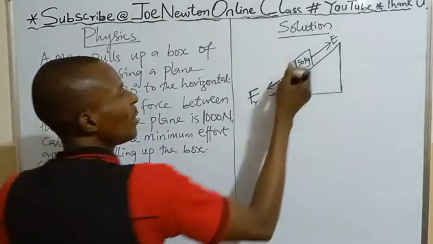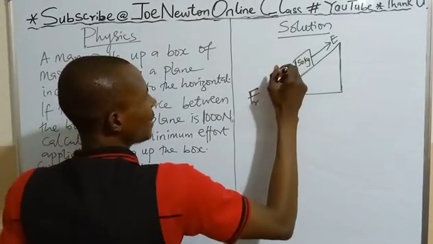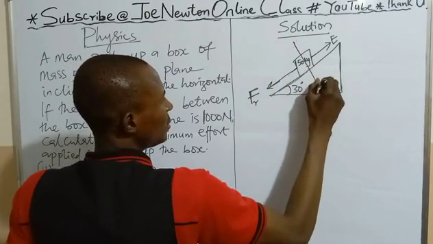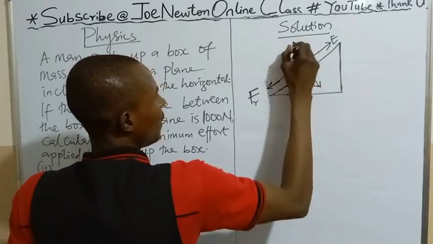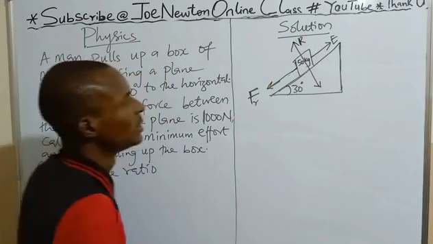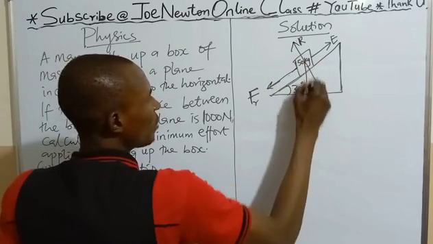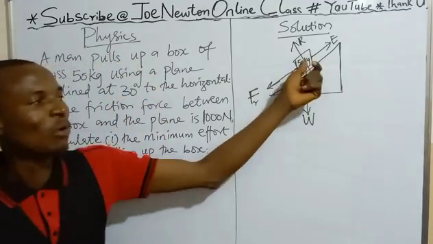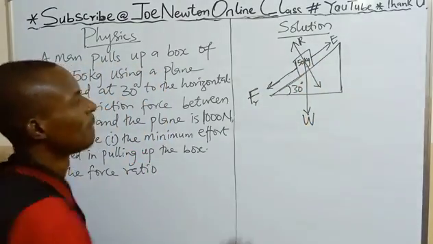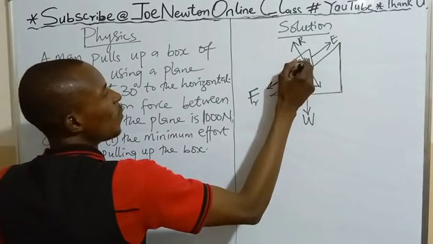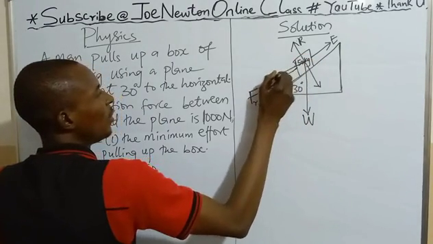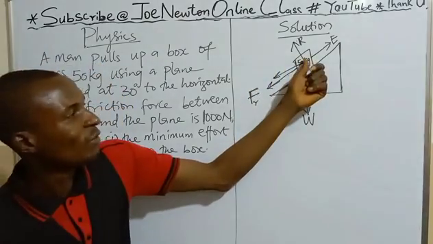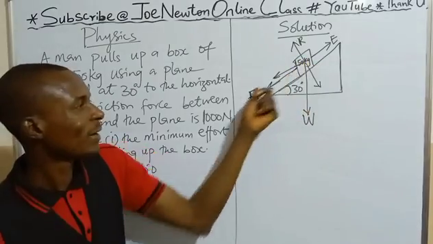It should also be noted that this is the normal reaction. Then this is the component of the weight of this box down the plane, parallel to the plane.